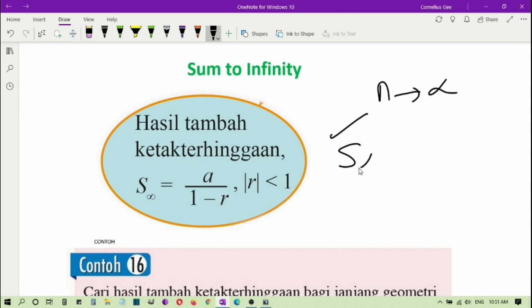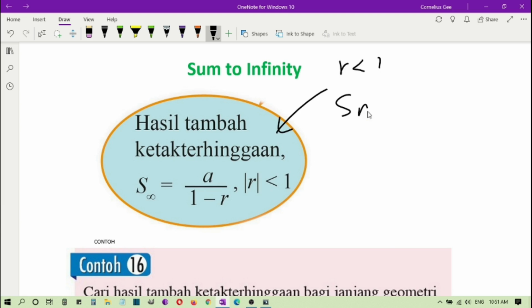When you have a fraction, a over b, and n becomes infinity, the term actually approaches 0. Because of that, you must remember that R must be less than 1.